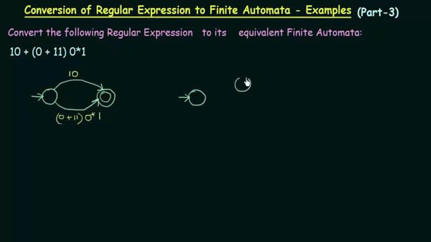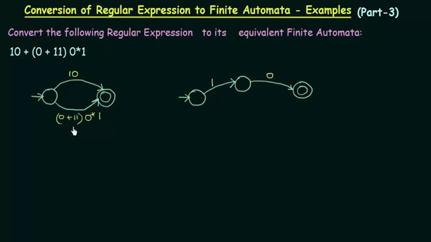So here I'll make one state, and this will be the final state which we already had. Here I'll send this state to the next state on getting input 1, and then from here I will send it to the next state on input 0. So we have expanded this and created an automata like this.